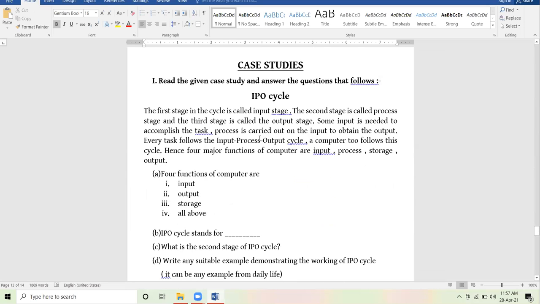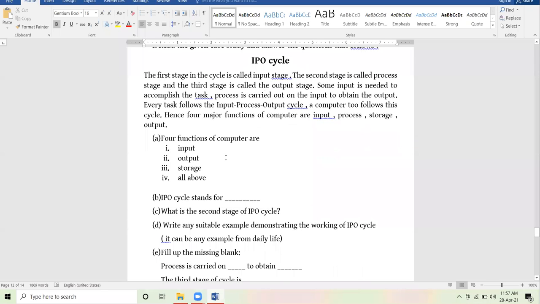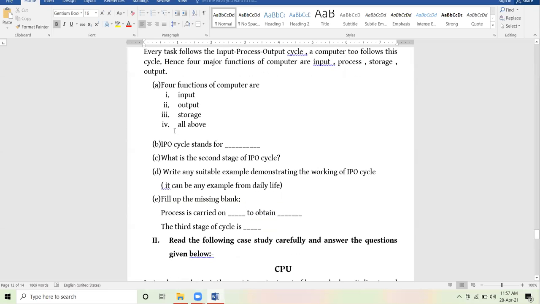You will be given one paragraph on any one topic, and you have to attempt the questions which are given below.